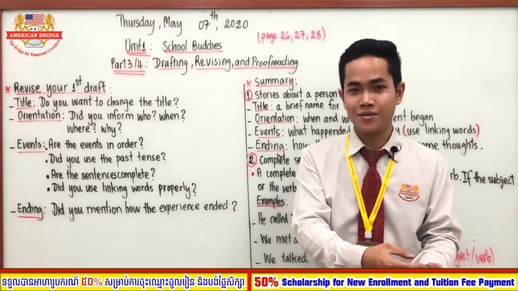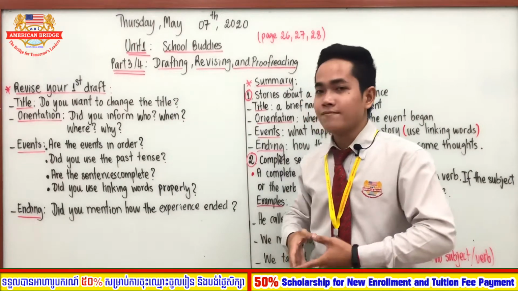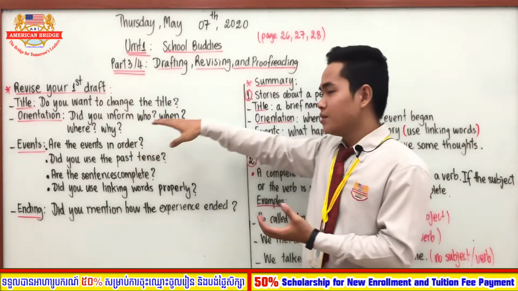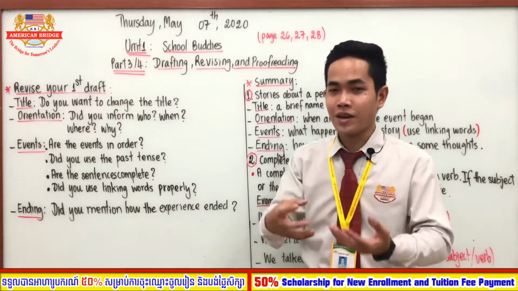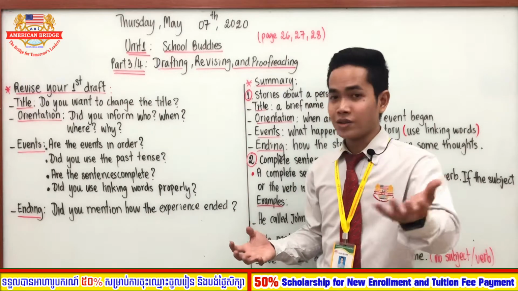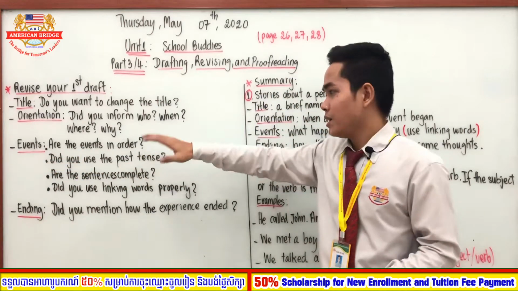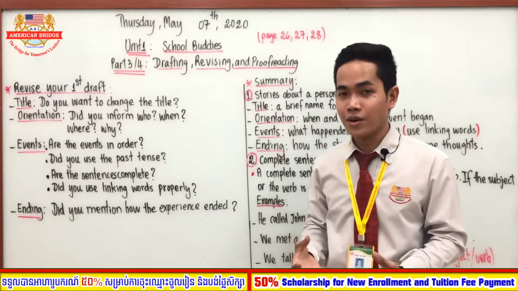Next, in your orientation part, did you mention who, when, where, and why it happened in your story? If you did, it's good. In the events part, are the events in order, everyone?